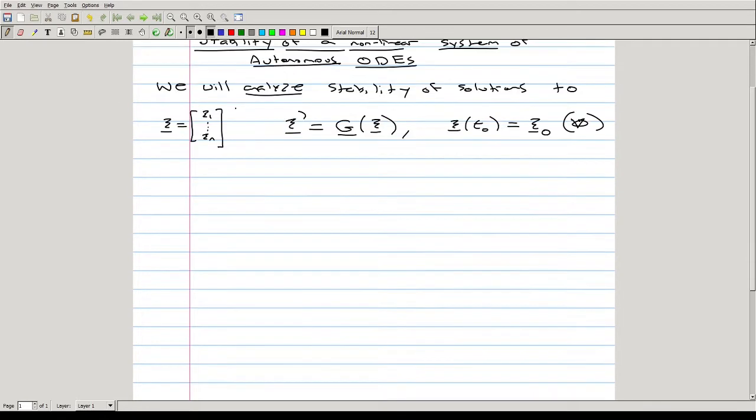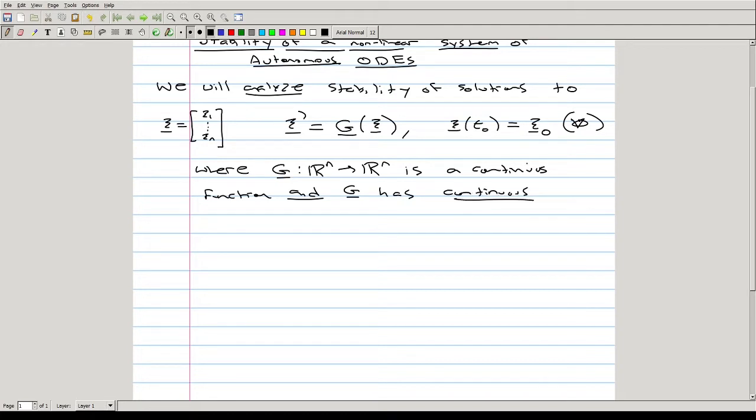We'll call this initial value problem star, where G is a continuous function of xi1 through xi n, and G has continuous first order partial derivatives.